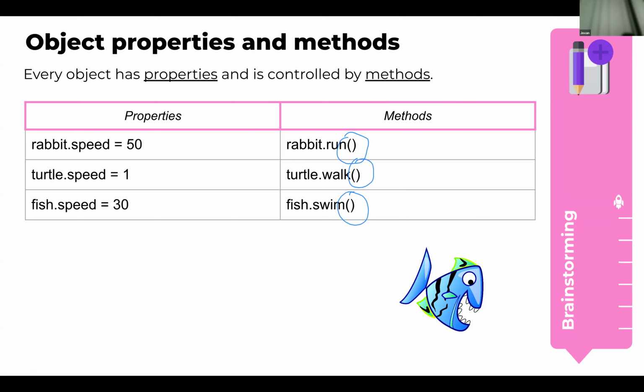So, in these two things, do you have any questions? You sure you can decide which one is properties and which one is methods? Can you recognize it? Okay, good then. Let's continue first.